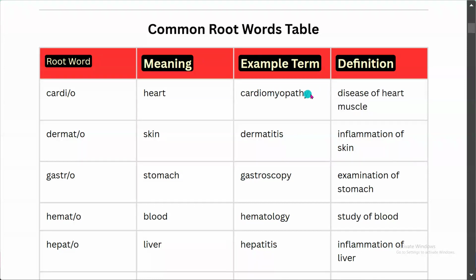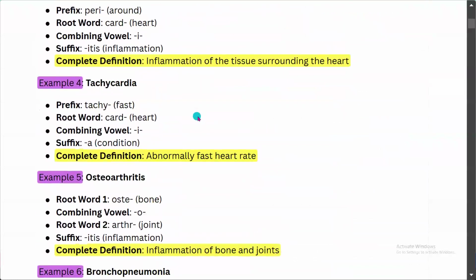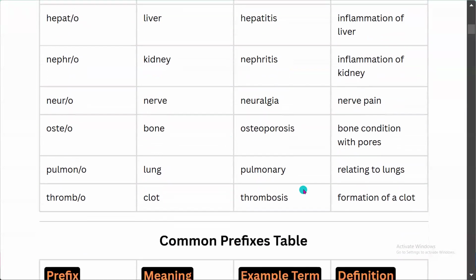But if you understand cardiomyopathy and the root words and their meanings, as I taught you earlier, you can easily understand each and every medical term under that meaning. Like that, osteoporosis. Here, osteo: oste is what? Bone, and o is the combining vowel. Porosis means with pores, and is is the condition.